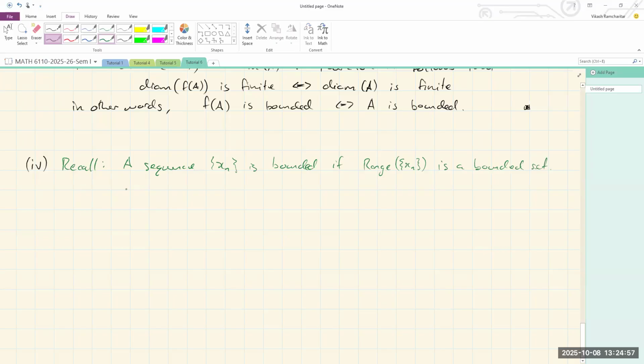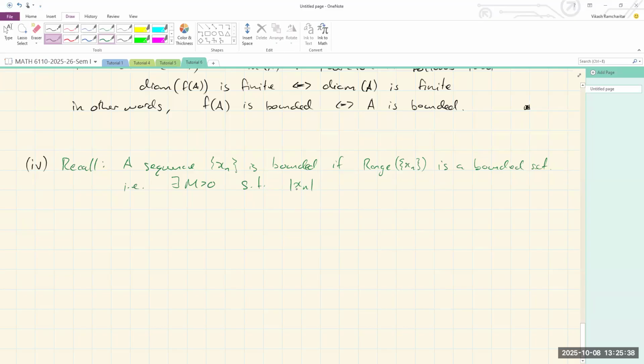In other words, usually you would see it written like what I'm about to write. There exists some positive number M such that the modulus of x_n is at most M. So this only makes sense if the sequence is real or complex valued.